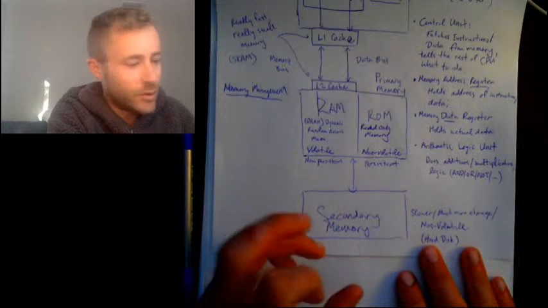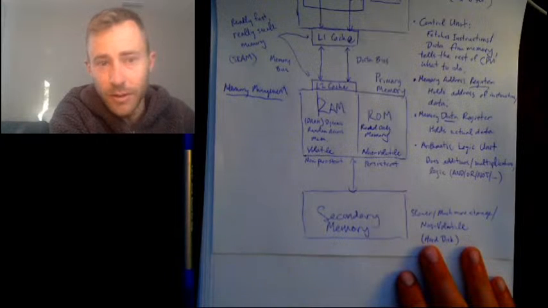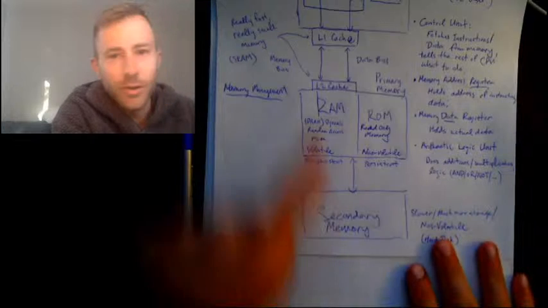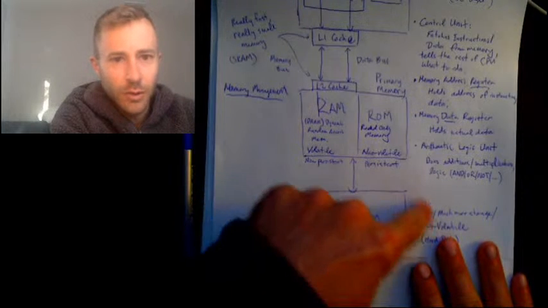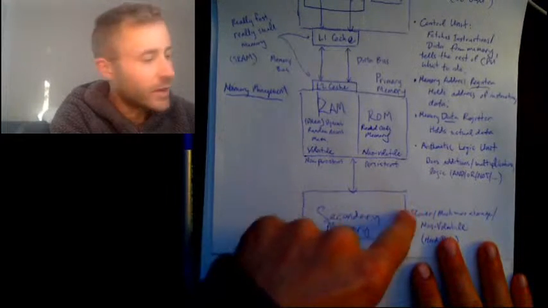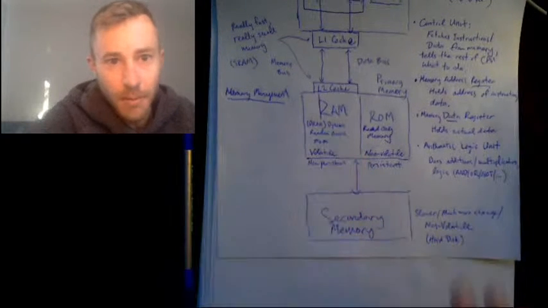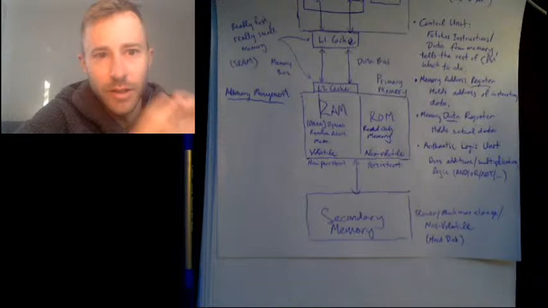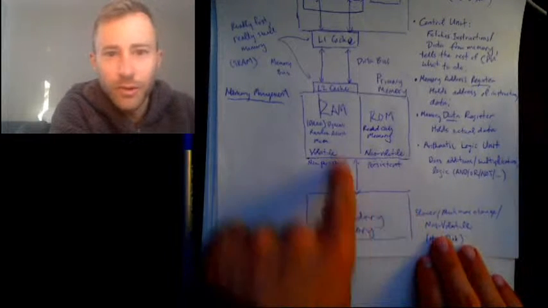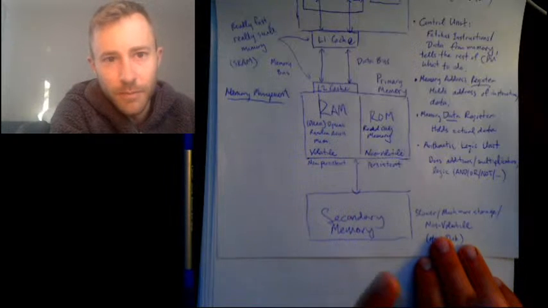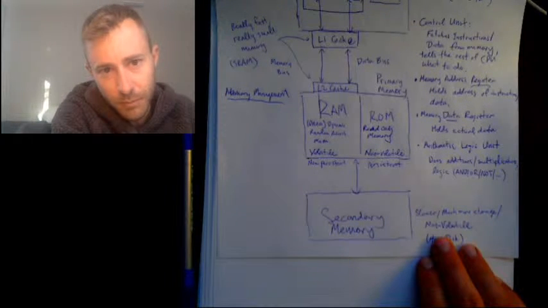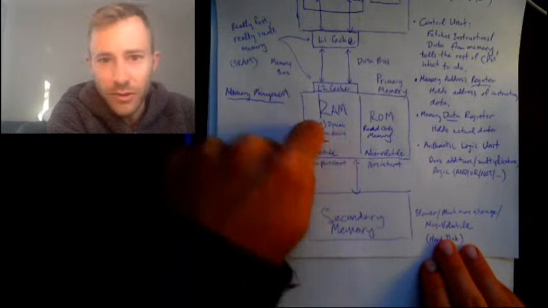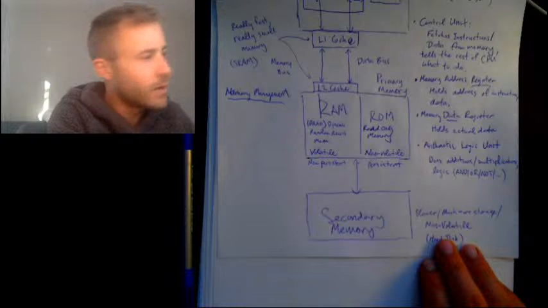So what happens is if you start up a program, so let's say Adobe Photoshop, your computer is going to transfer Adobe Photoshop's information from the secondary memory into the RAM because you started that program, so the CPU knows that you're going to be needing that data often, so it transfers it into the RAM in order for it to be quickly accessible. Okay? So that's called memory management. It's trying to put the stuff that it thinks you're going to need into the RAM.